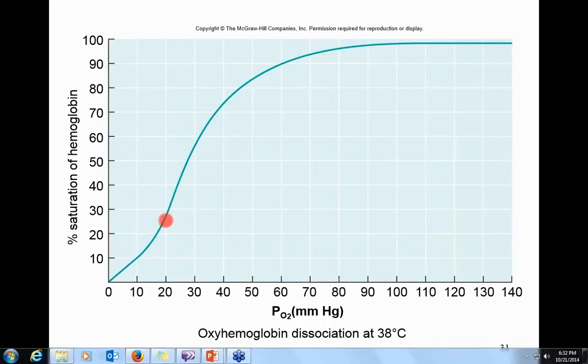So, here is our magic number, 75%. This number is important because 75% is when blood is normally deoxygenated. Now, as you increase that partial pressure of oxygen, you'll notice you'll get to 100% saturation, and the hemoglobin cannot bind any more oxygen.